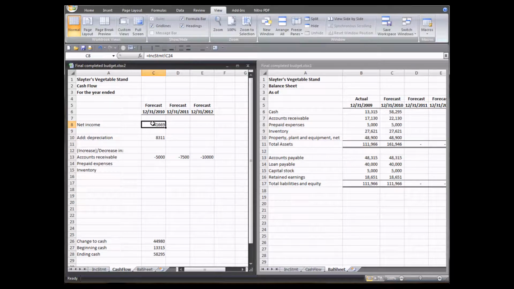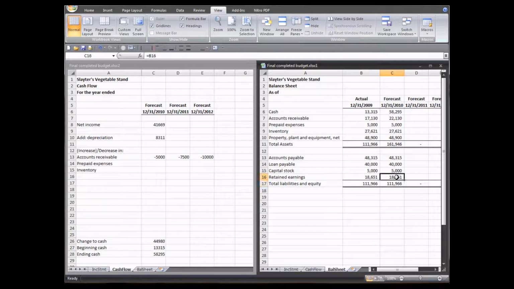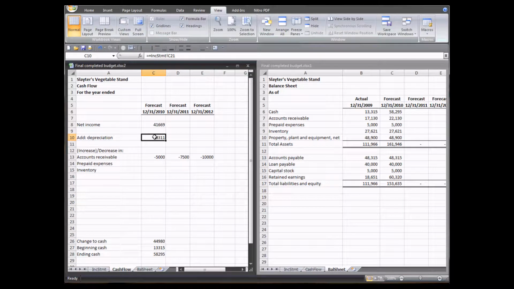Remember, on your statement of retained earnings, beginning retained earnings plus net income minus dividends. So for my retained earnings balance, I'm going to take the prior balance and add to it my net income. And we also have this depreciation.